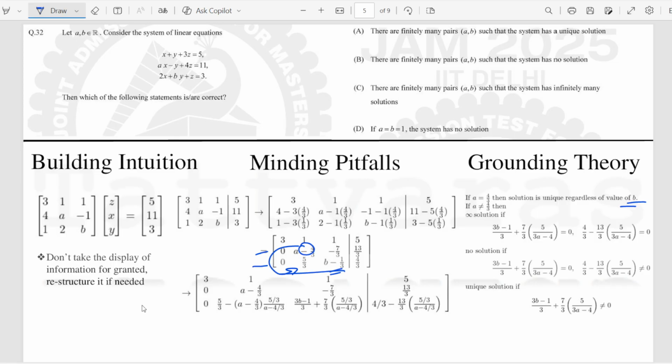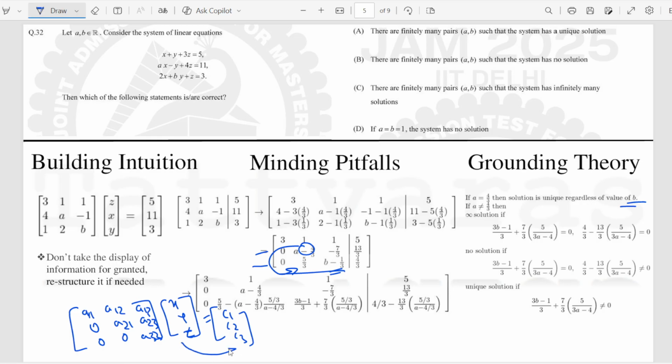Okay, now let's also see the intuition behind how this kind of structure helps. The motivation to come to a matrix of this form where these positions are 0, and then we multiply with the variables for which we have to find values, and we have some constant on the other side, is to see that once we have this form, it becomes very easy to find the value of the last variable.